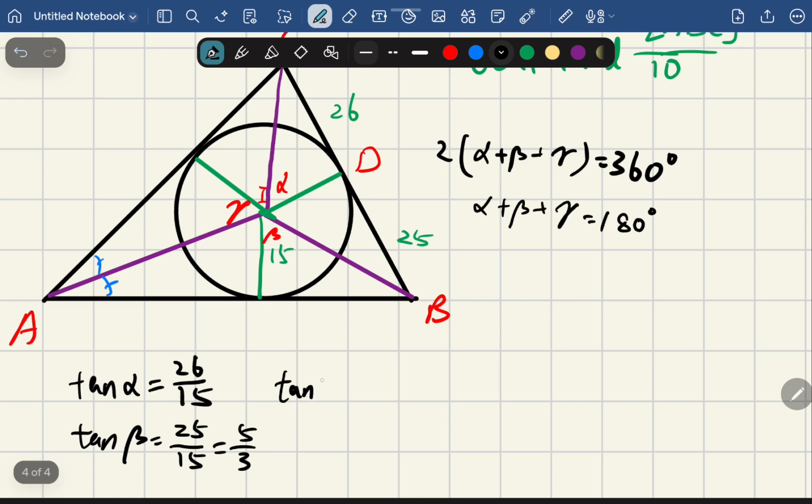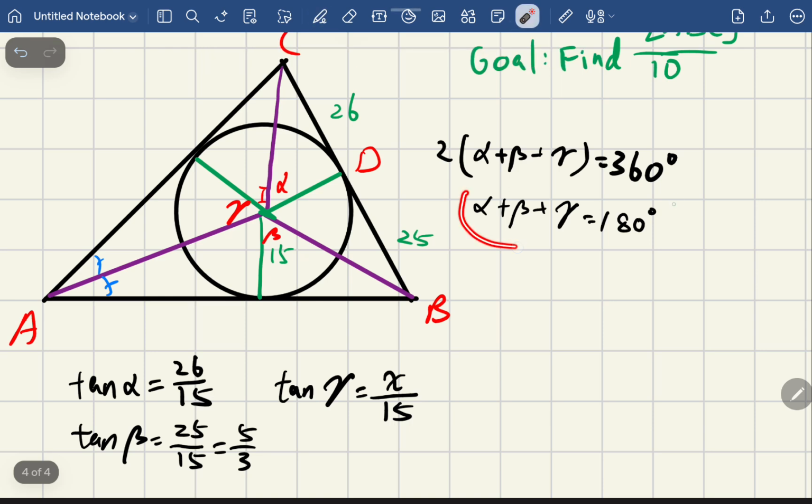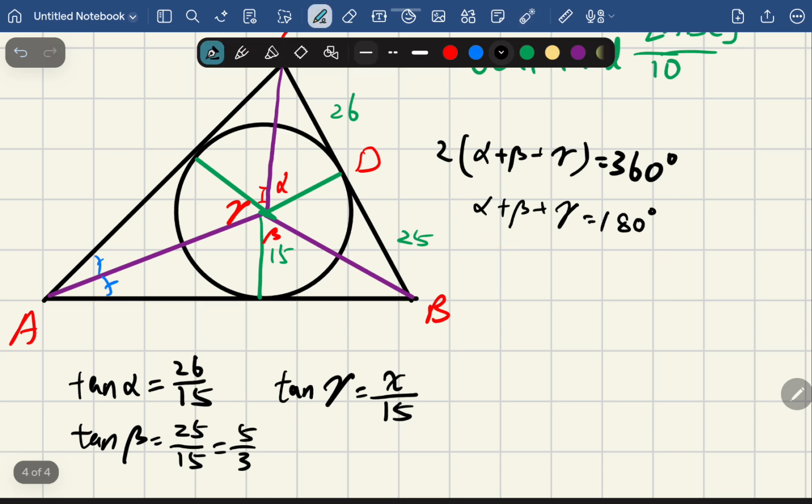And then tangent gamma, we don't know this length. I'll just call it x for now.